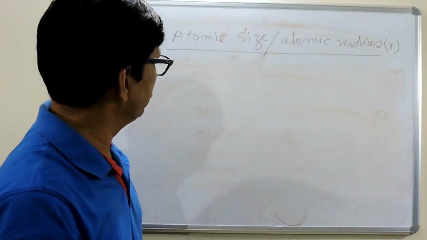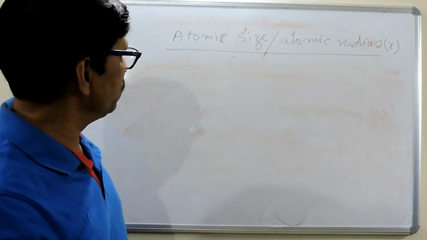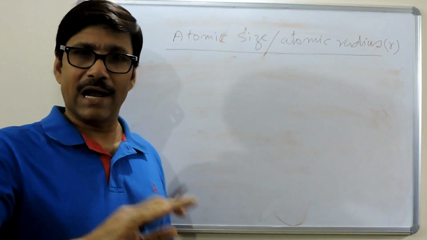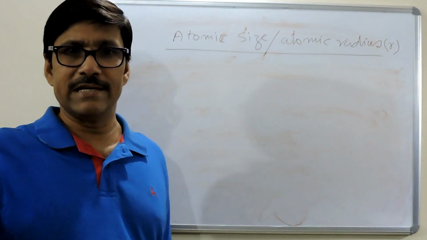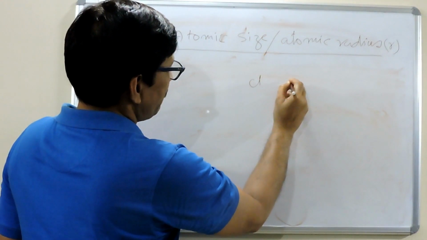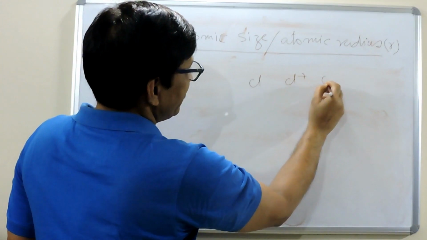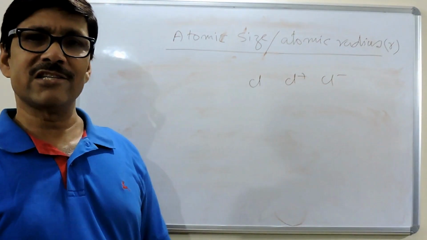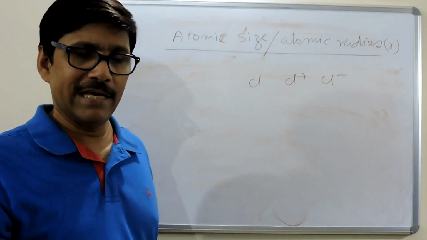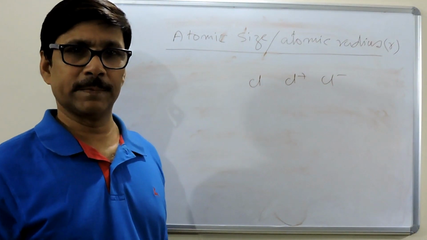So I was telling, they may give you some atoms or ions and ask you to arrange their size. For example, suppose we take chlorine, Cl plus and Cl minus, and you are asked to arrange these in increasing order or decreasing order of their size.